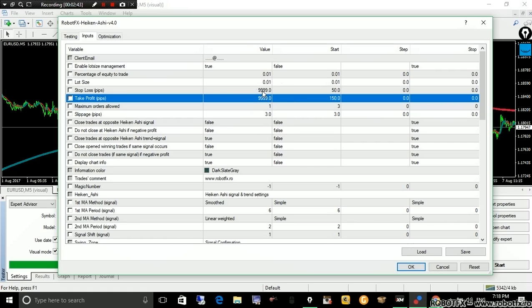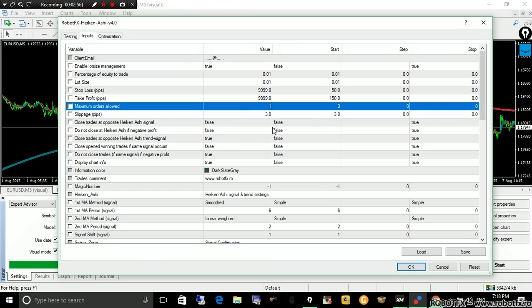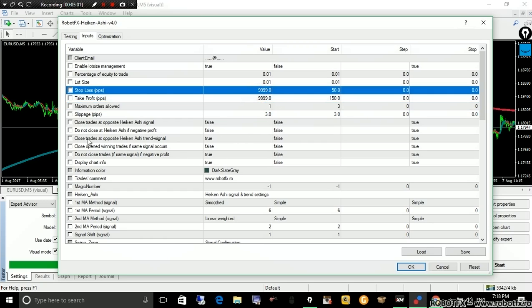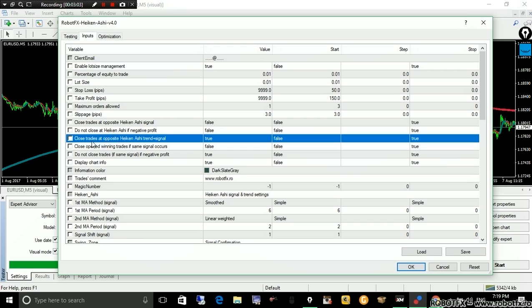I don't want to use a stop loss or a take profit, although I think the testing would be more profitable if I set a take profit to a much lower, reachable value like 100 pips. I don't want to do that now because my stop loss will be, in this case, this option right here, to close the trades at the opposite Heiken Ashi trend and signal.